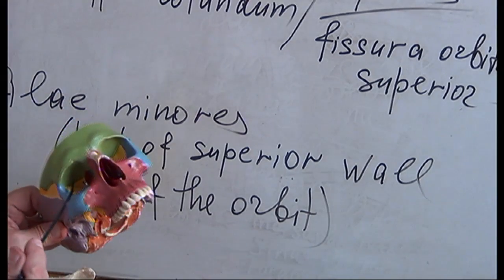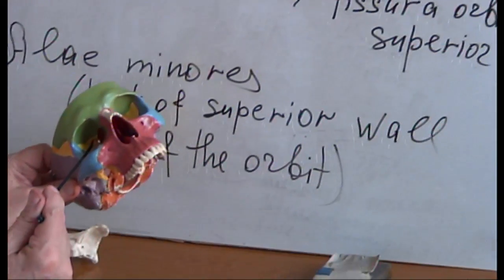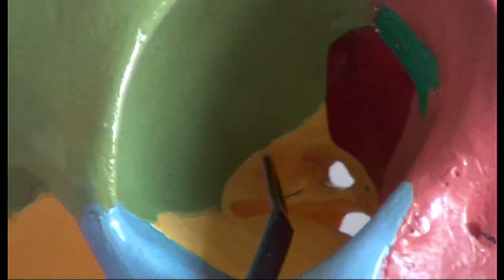Most posteriorly located, here it is, the superior wall of the orbit. This is ala minor.